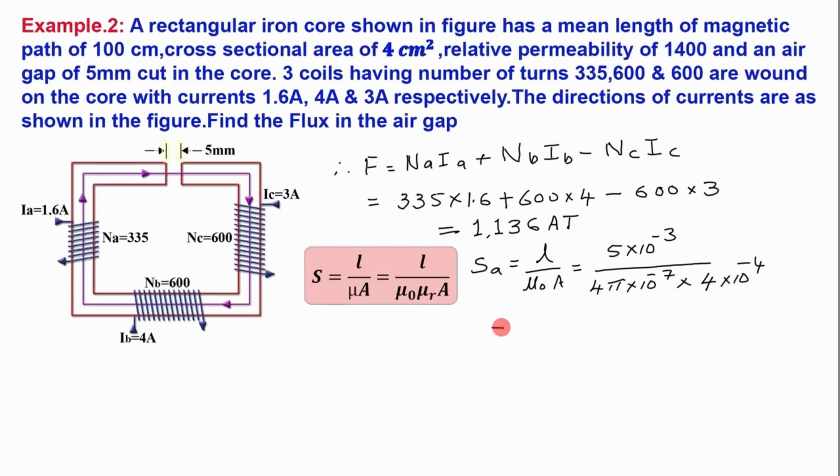Simplifying this one, we will get 9.946 into 10 raised to 6 ampere turns per Weber.